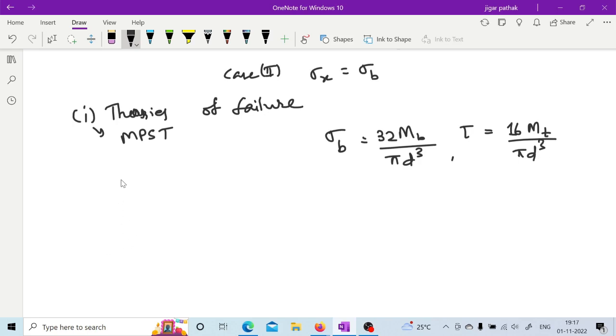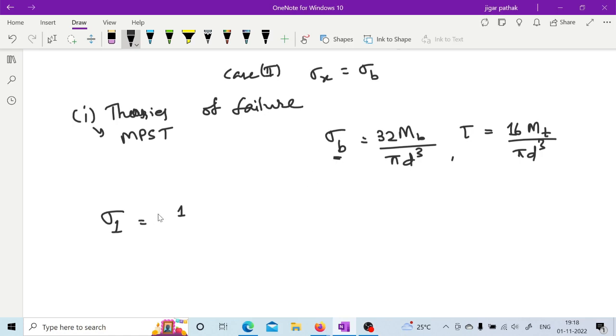Once you have sigma b and tau, meaning the bending stress and shear stress, based on that you can calculate sigma 1, the maximum, since we are interested in that. We are neglecting sigma 2 for now, because a shaft is designed for the maximum stress it has to bear, so we consider the maximum principal stress sigma 1. This is sigma x by 2, where sigma x is equal to sigma b.